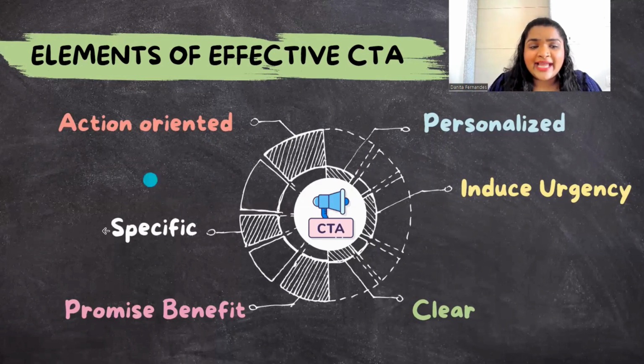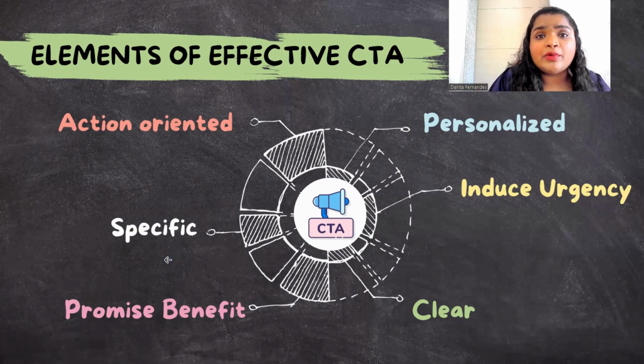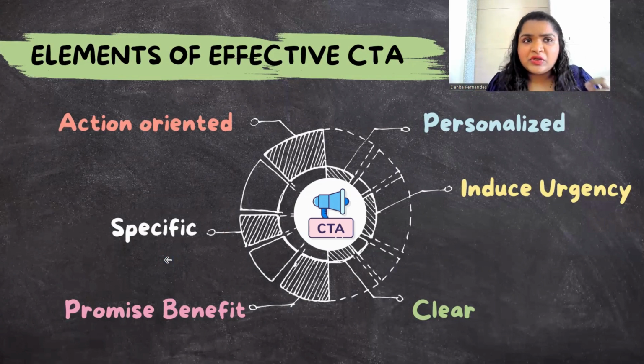Now, the second part, your CTA must be specific. It should tell the reader exactly what the reader is supposed to do, exactly what action the reader is supposed to take. So if you write next step, that's not an action word, right?